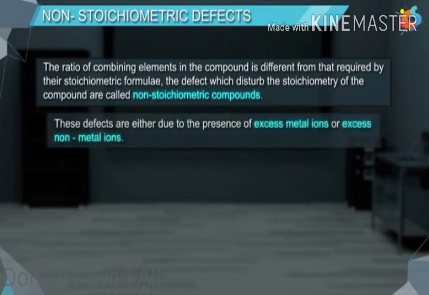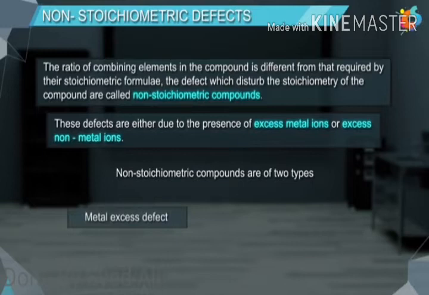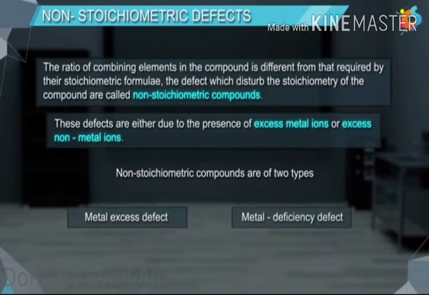These defects are either due to the presence of excess metal ions or excess non-metal ions. Non-stoichiometric compounds are of two types. First one, metal excess defect. Second one, metal deficiency defect.